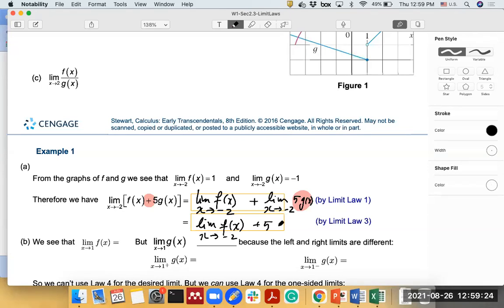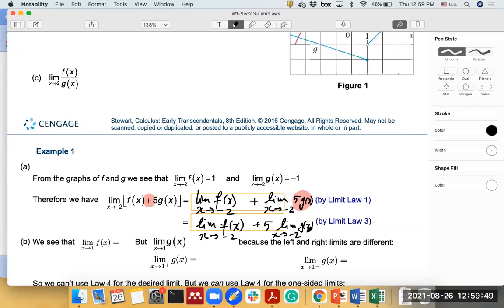Plus 5 times the limit of g(x) as x approaches -2. Is that clear? Okay. Get it? Very good.